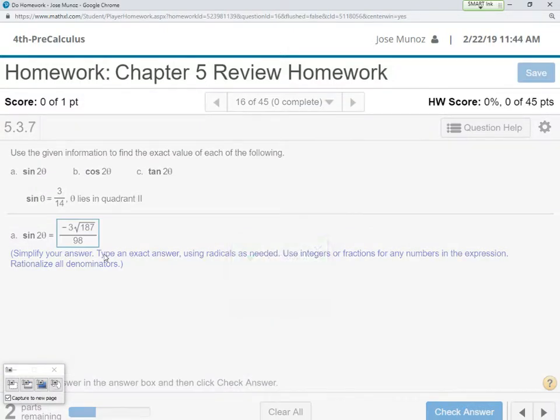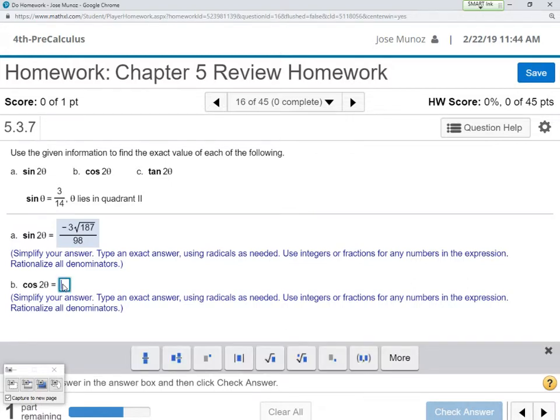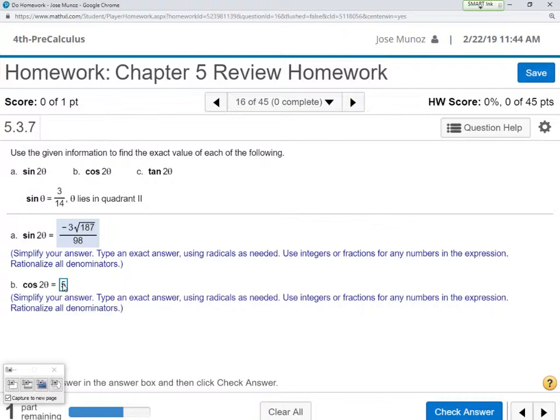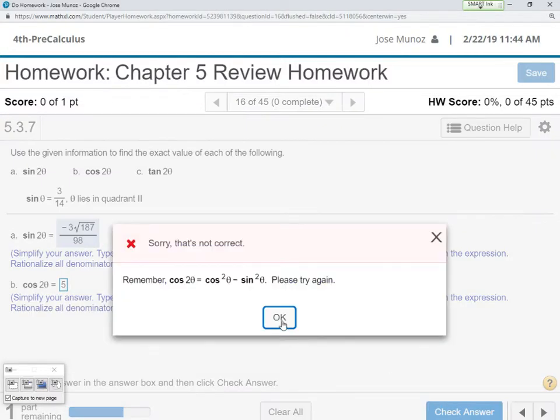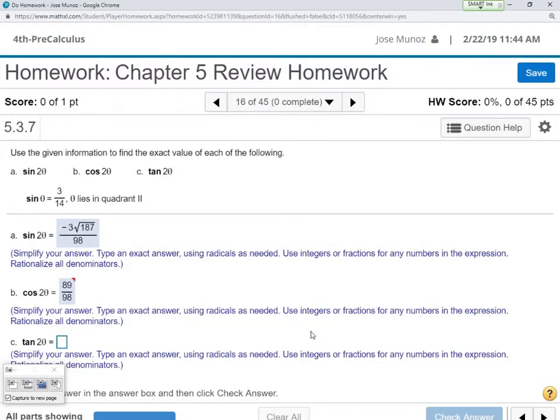I understand that part. Okay, the tan one is the weird one? If you don't want to do the cosine, I'm just going to jump to tan. Is that cool? Okay. So the tan one, wait, I have a theory. For tan, put 3 square root of 187 over 89.